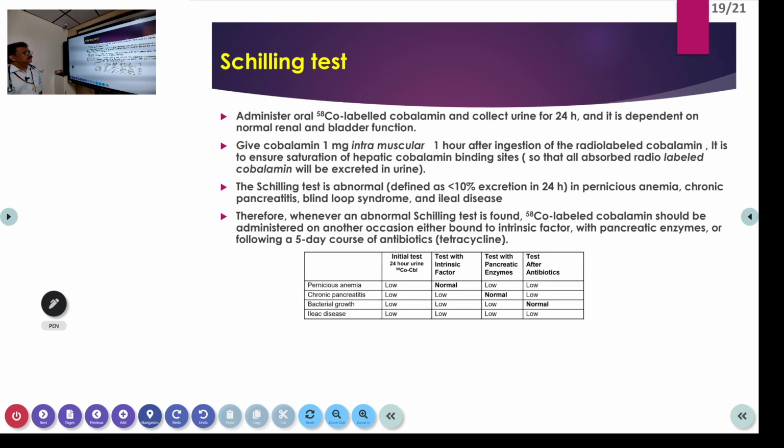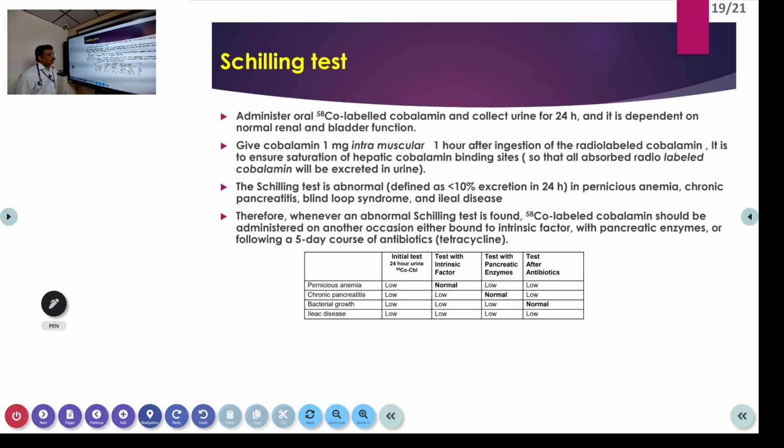Now this is Schilling test. I am not going into the details of Schilling test. You can read about this because it's beyond the scope of discussion in the emergency medicine department. But this is a test which can be done in patients who have intractable B12 deficiency. B12 is not getting absorbed and a lot of complications are occurring.